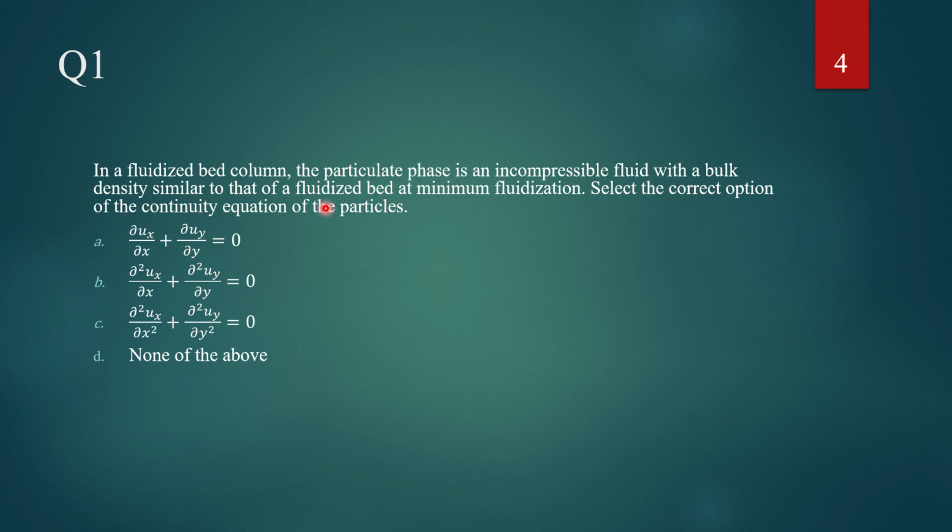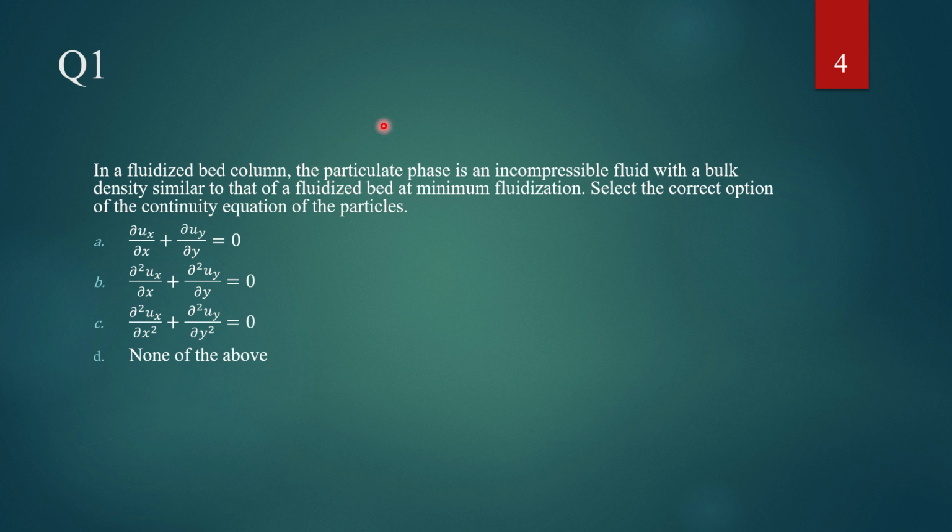So the thing to be noted is, can anyone say this is an assumption used in a specific model, and can anyone say what the model is? I mean, which model assumes this statement wherein we have mentioned, in a fluidized bed column, the particulate phase is an incompressible fluid with a bulk density similar to that of a fluidized bed at minimum fluidization.